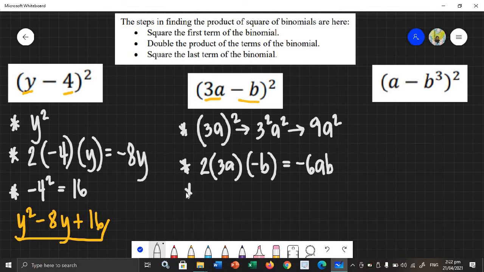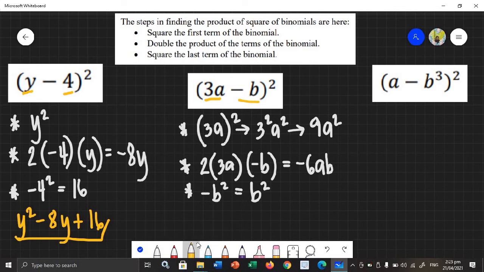And then, the third step, we will be squaring the last term of the binomial. So, yung last term natin is negative b. Square natin siya. The answer here is b squared, positive. So, basically, parang negative times negative. Magiging positive lang siya. Okay?